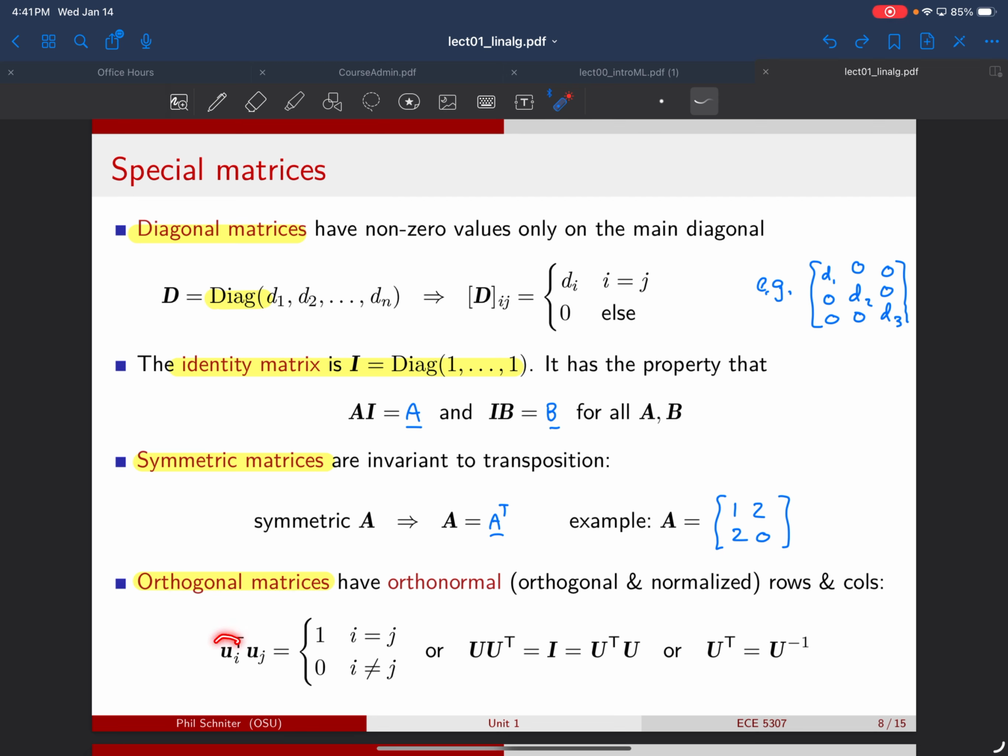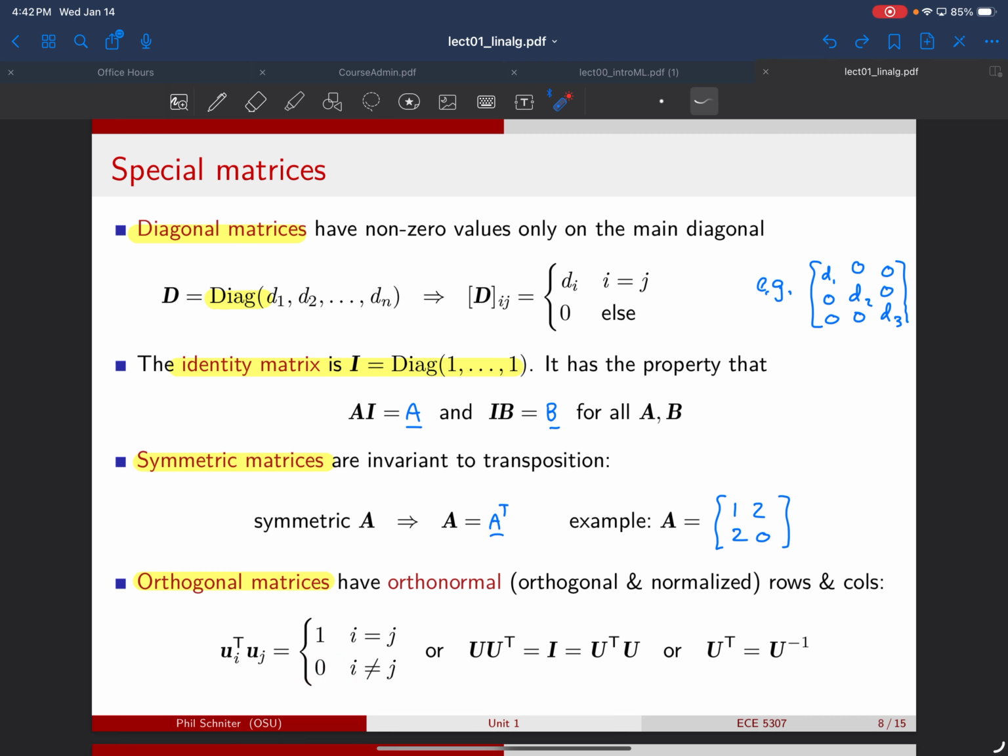If ui is the ith column and uj is the jth column, when I do this inner product, ui transpose uj, if i and j are the same, then I get a 1. That's the normalization. These are normalized so that the inner product with itself is 1. But if i and j are different, you get 0. So that means that all the different columns are orthogonal to each other.